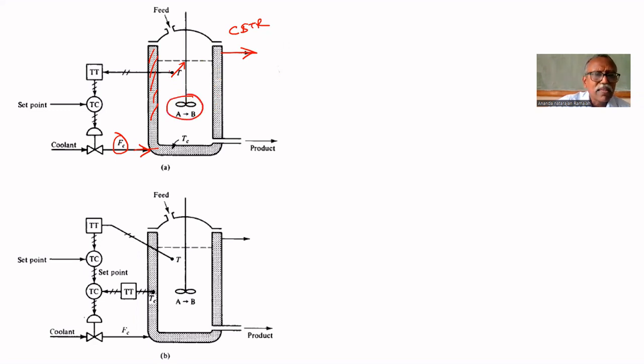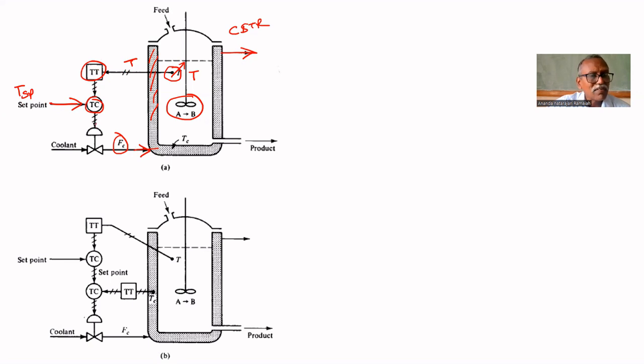So it is a simple controller. Here we want to control T, the temperature of the CSTR. For that, a temperature transmitter is there and a temperature controller is there. The set point for T is given, and T is measured and compared.